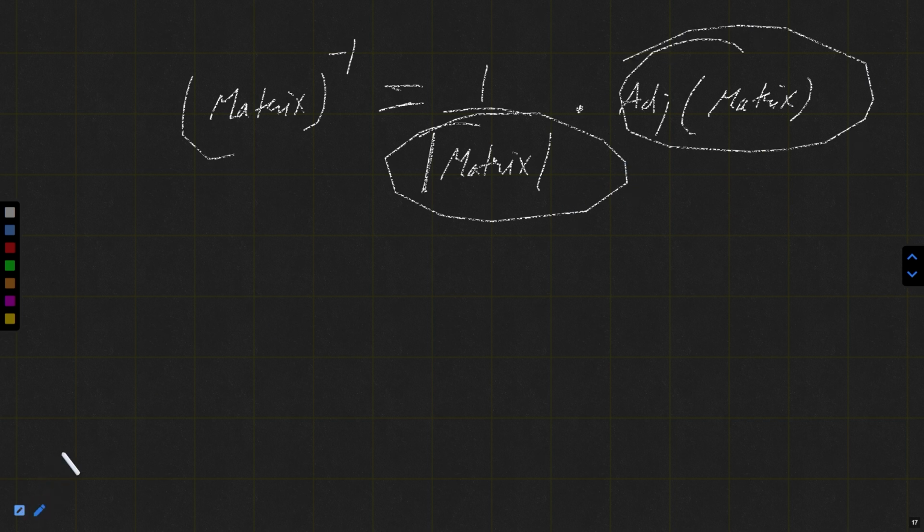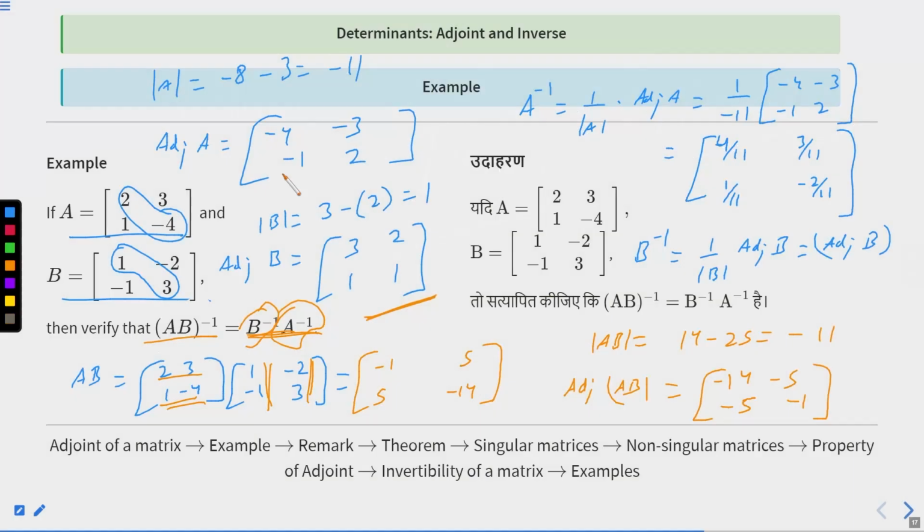So first of all, we found these things. As you can see, for the A matrix, the adjoint of A will be this. In 2 cross 2, you all know that the main diagonal entries will be interchanged. You can see -4 here, 2 here, and we put an extra minus sign on the remaining entries.